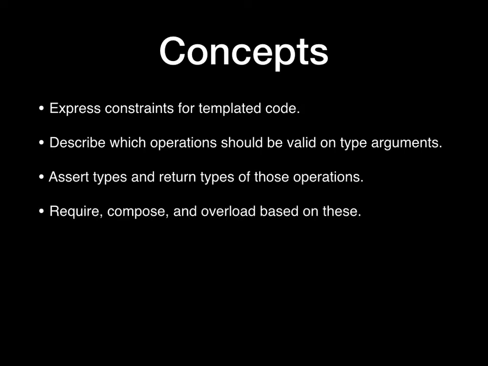We can require a concept to be fulfilled, we can compose concepts, and we can overload based on concepts. A very nice addition as well for anyone who's done template heavy C++ is the improvement to error messages that we get from using concepts instead of simply using templates.